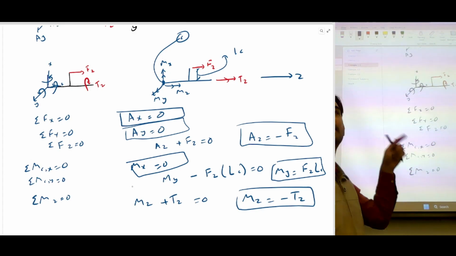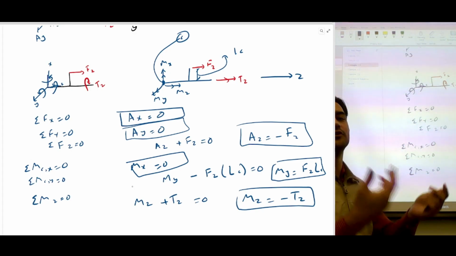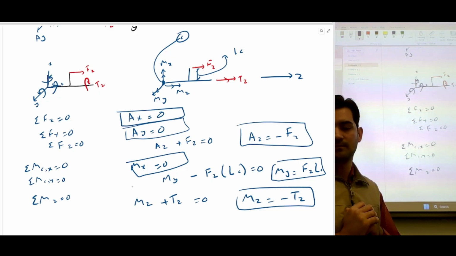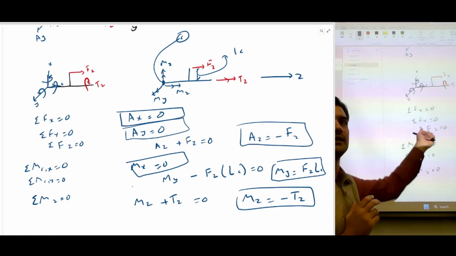Since it's a three-dimensional problem, the right-hand rule makes more sense, but other conventions will also work. Is it clear?